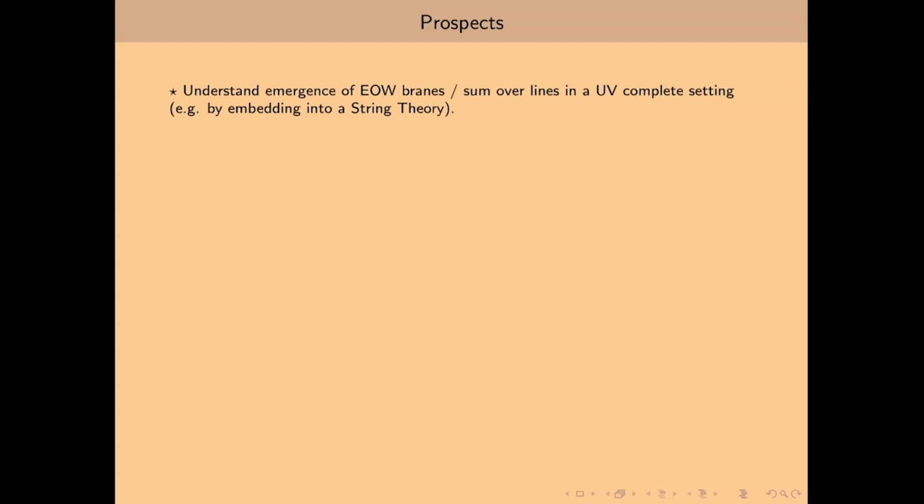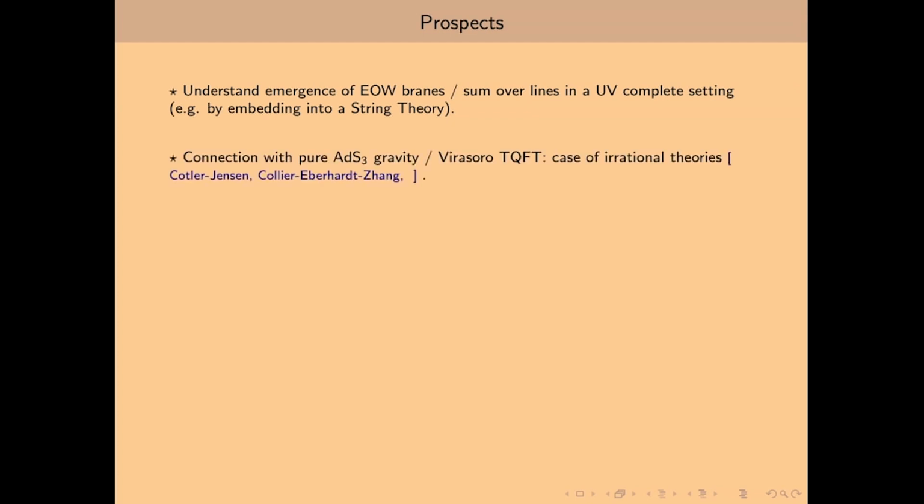But I don't know how to do it, so it's a prospect for the future. And of course, another thing which is very nice to do is to connect this with pure AdS3 gravity, or what some people now call Virasoro TQFT. That's a long story, but essentially the idea is treating 3D gravity as some topological field theory, so that you try to make sense of it.